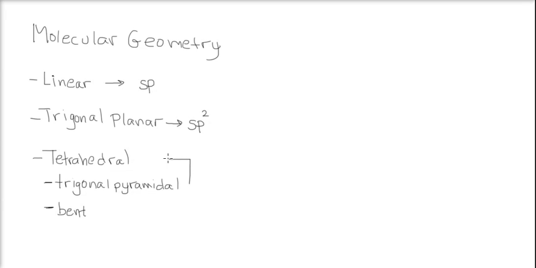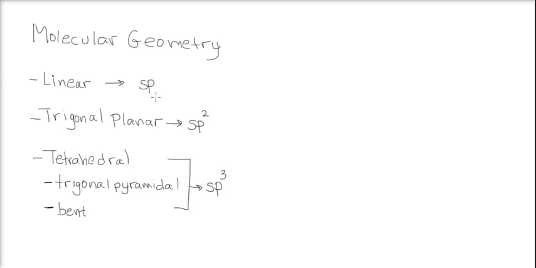And if it's any one of these 3 down here, the hybridization must be sp3. So if you know the hybridization of a particular element, you will know exactly what the geometry is around that element.